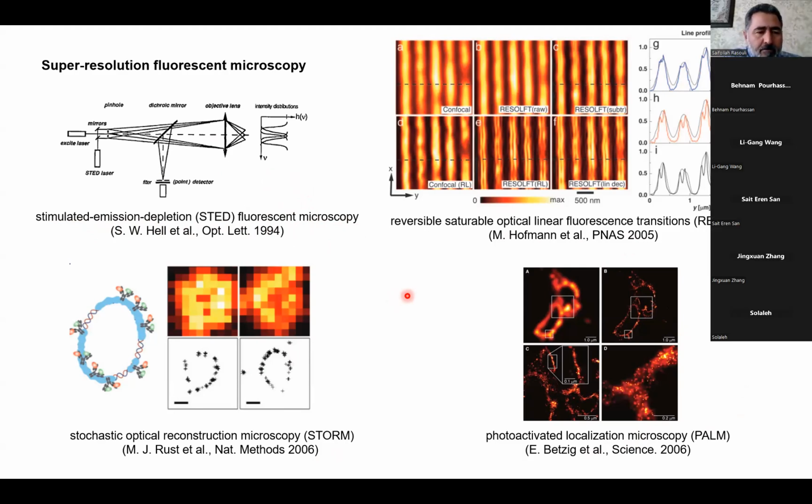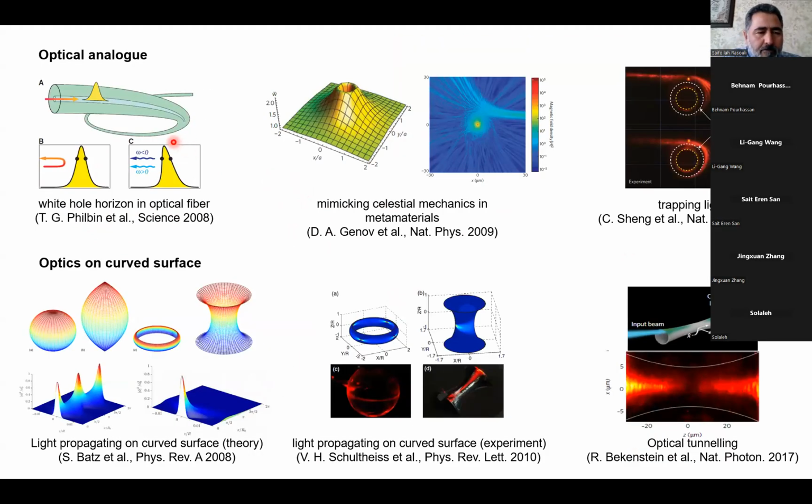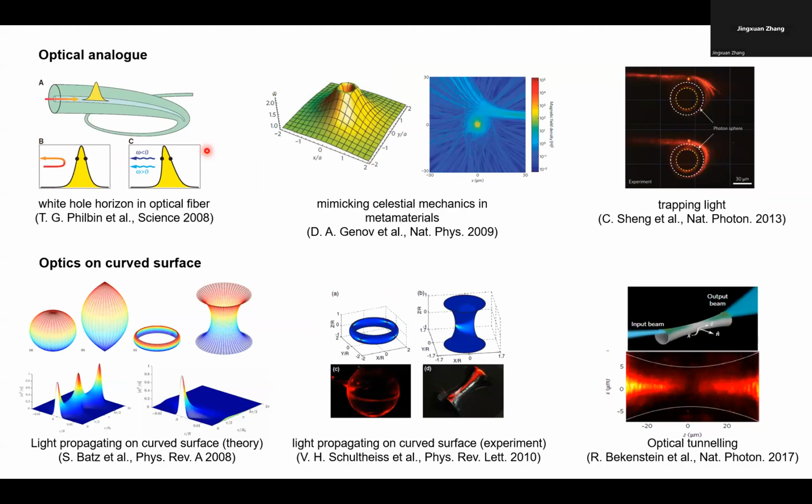To demonstrate our method, we need to first introduce the origin of our inspiration. In the past decades, optics in curved space has attracted much attention. The first side is the optical analog of gravitational effects.